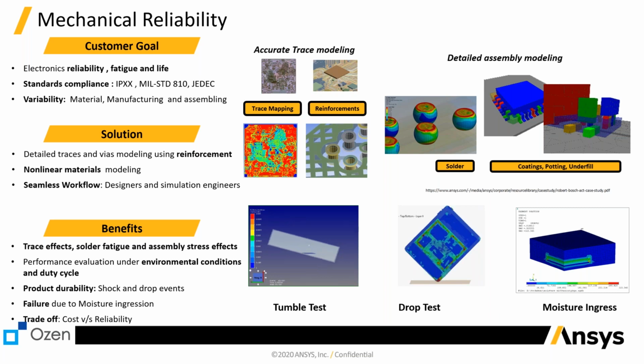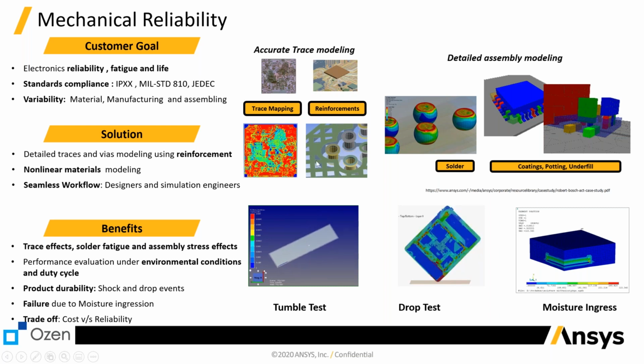ANSYS has solutions to address these all one by one. One by one, meaning that we can do tumble test simulations, we can do drop test simulations, we can look into moisture simulations and how it affects, and we can also address solder joint reliability.